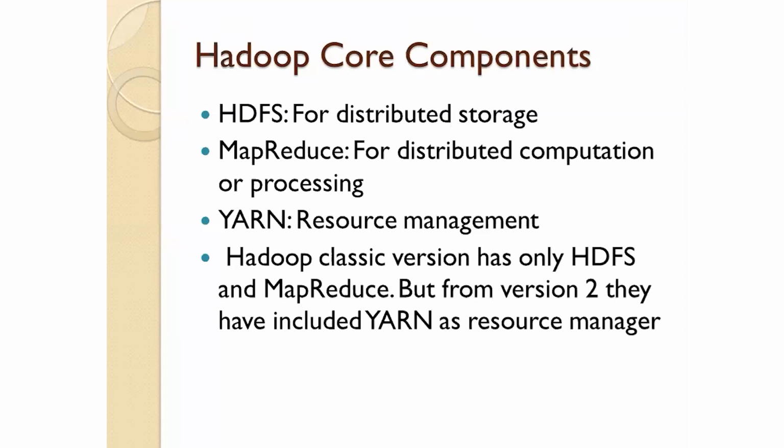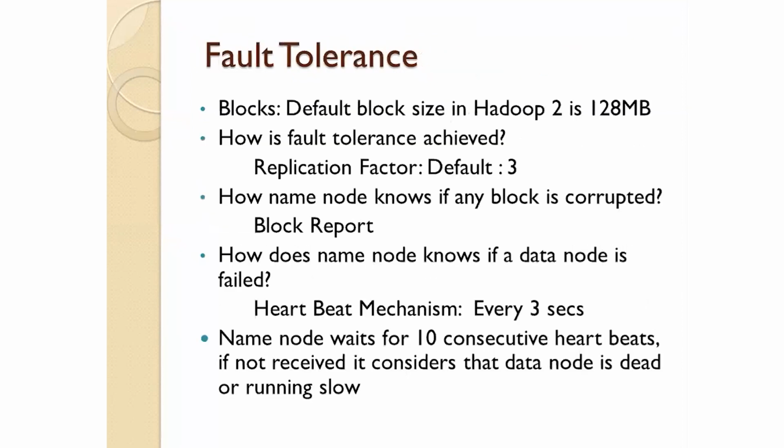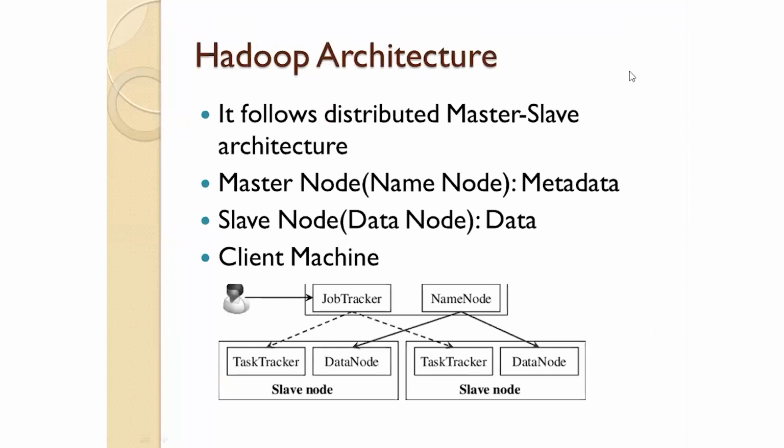So cluster, for those people who don't know what a cluster is, it's just a group of machines where one machine acts as master and the other machines in the group, which are of commodity hardware, act as slave nodes.